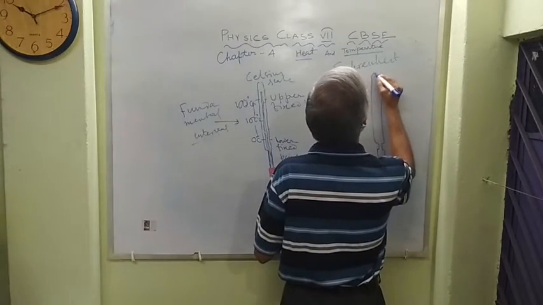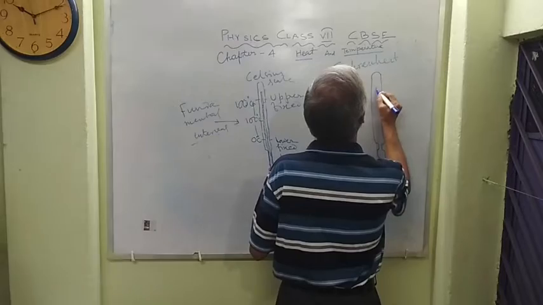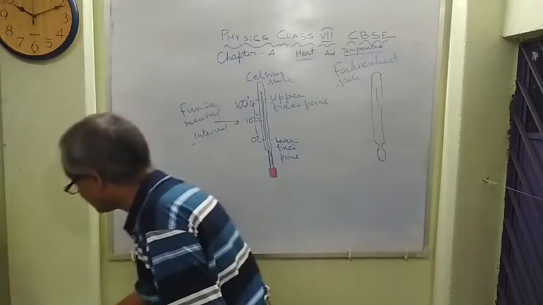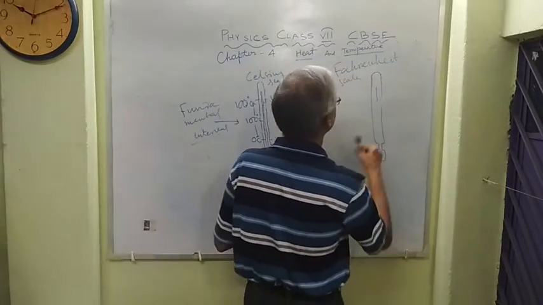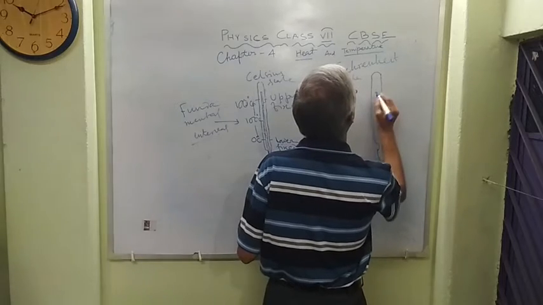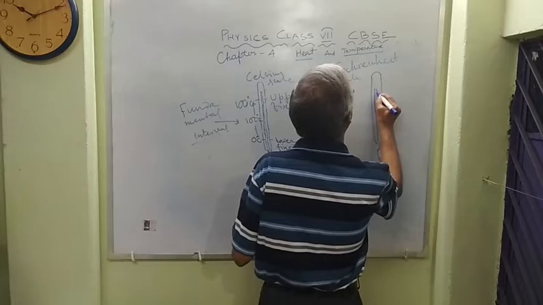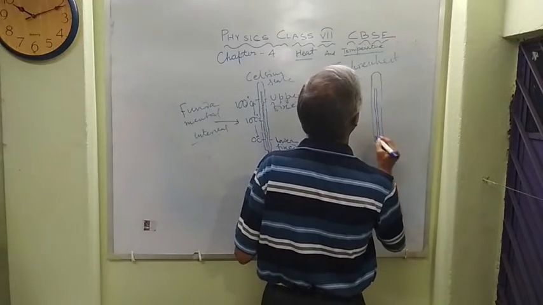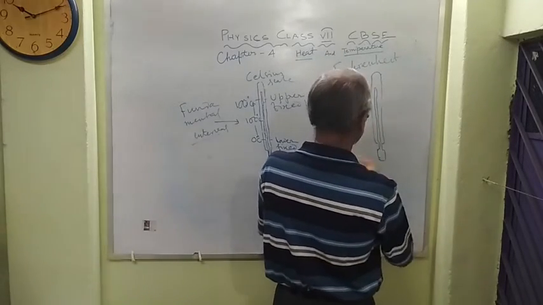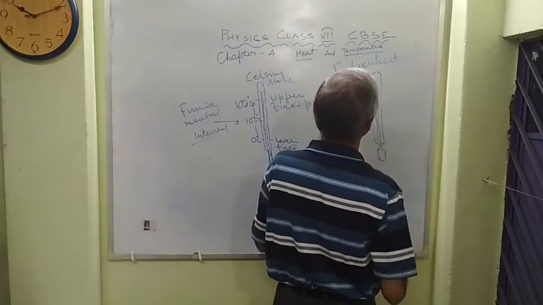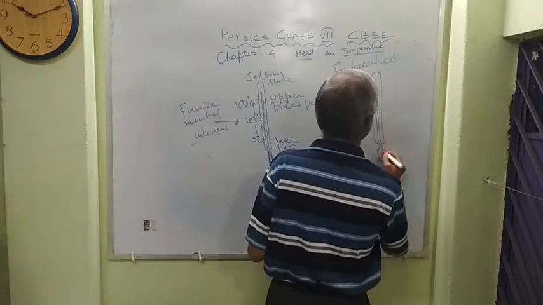This is the Fahrenheit scale. Here we show the fine bore, in which mercury is taken in the bulb.